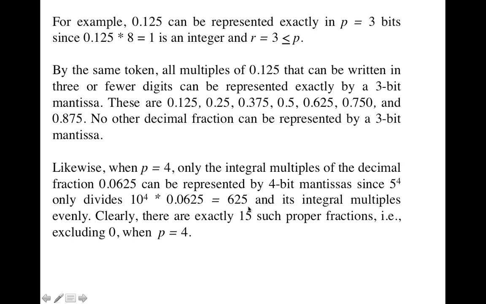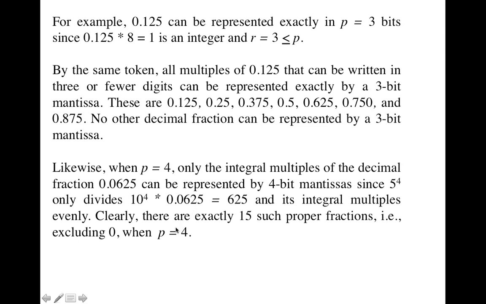And of course all the integral multiples of this will be divisible by 5 to the 4, which is basically like taking the fraction and making it an integer, and then keep multiplying that until you exhaust all the multiples of this number that you can represent with 4 bits, which will run up to obviously 15 in this case.